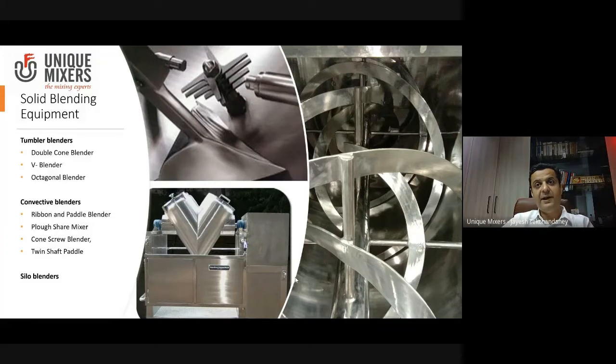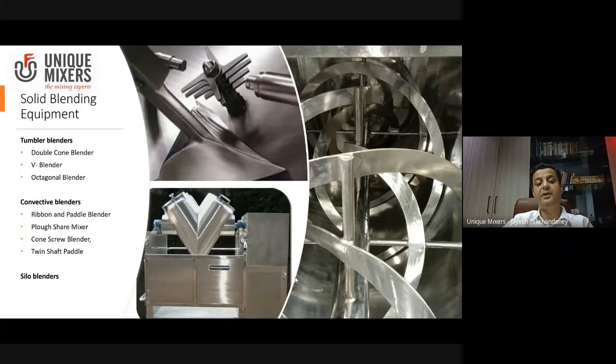So here, while the agitator is generating a convective motion, it is rotating at high speeds, and the speeds are so high that they cause fluidization of the material inside the mixer. So the solid materials get fluidized, and mixing is achieved because of fluidization of particles.